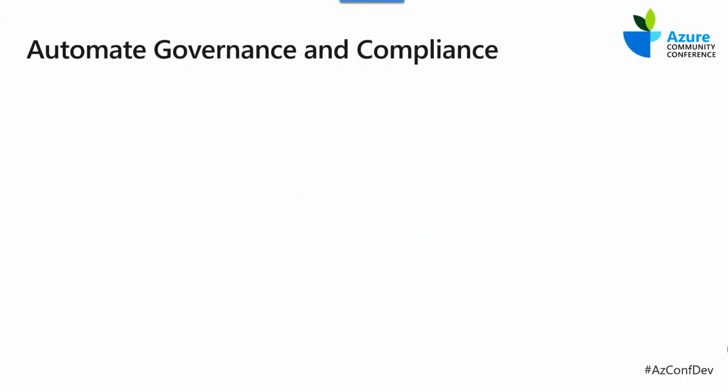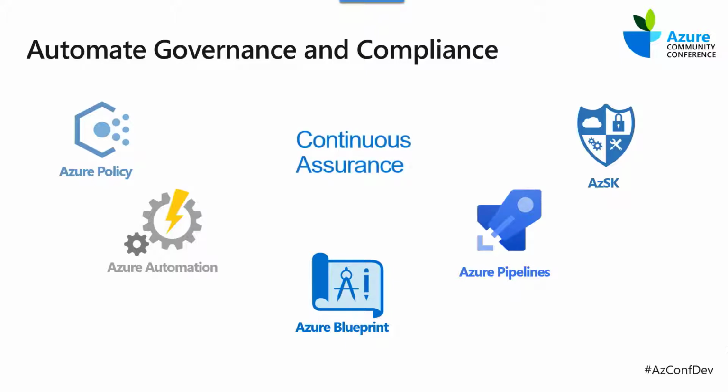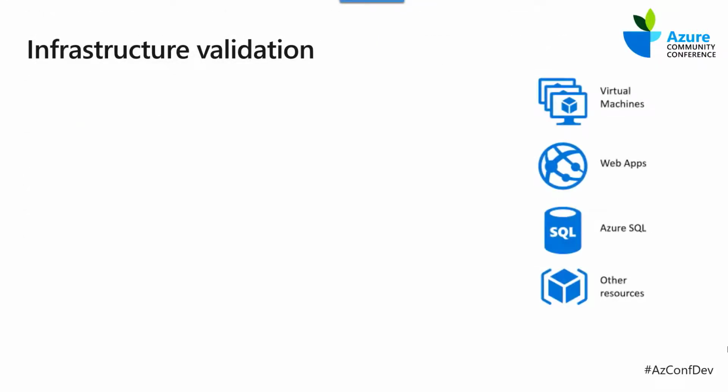Automate governance and compliance. As we can see, with the combination of Azure Policy, Azure Automation, Azure Blueprints, Pipeline, and DevOps Kit, we can have different combinations in order to automate the compliance and the governance and have what we call continuous assurance. For infrastructure validation, it means that we have different resources on the actual environment.